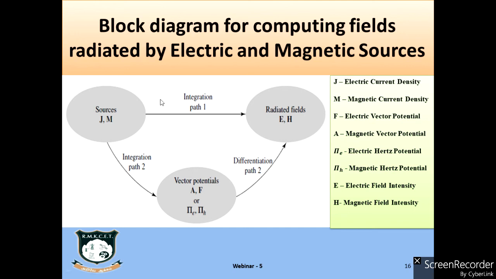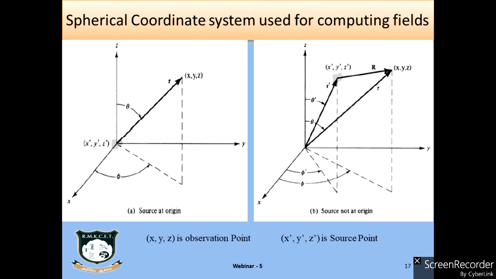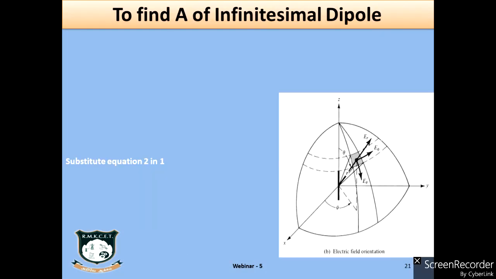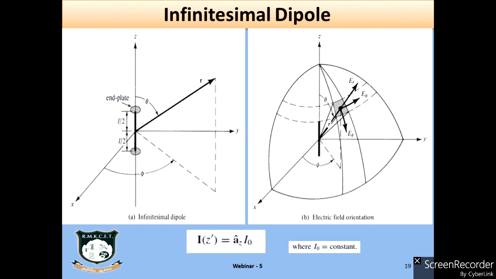If J, the electric current density, and M, the magnetic current density, are given, we integrate them and calculate the values of A and F, and then we find the values of E and H. Here we have the formulas for A and F. We use these formulas to calculate the magnetic and electric vector potentials, and then we calculate the fields.